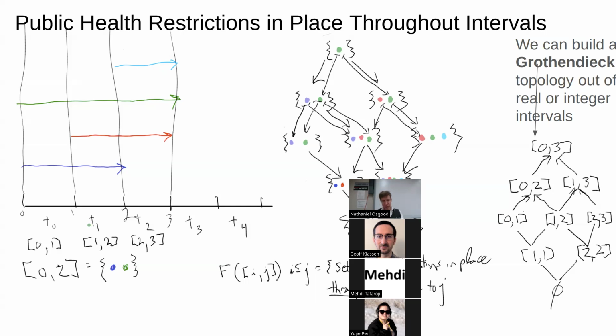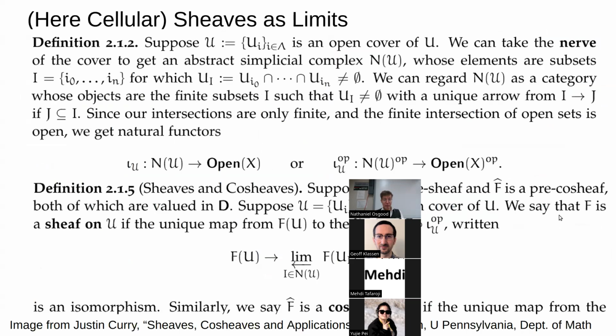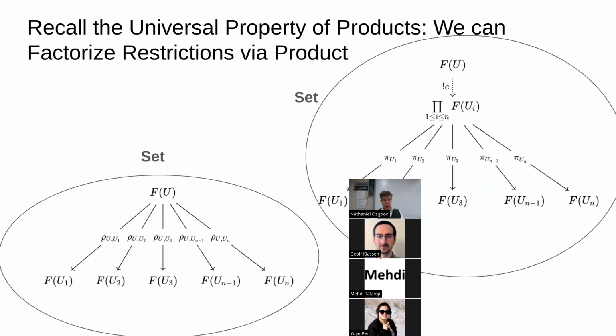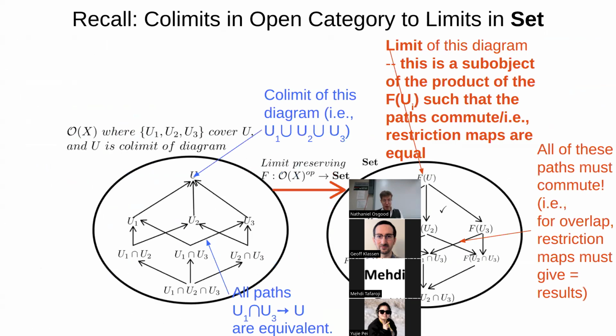And this again has to do with the restricted nature of this. For things to be present throughout the interval, it has to be present for all of this, and it has to be present for all of this. And that's often very much the flavor of what you get with sheaves that I'm trying to emphasize here.